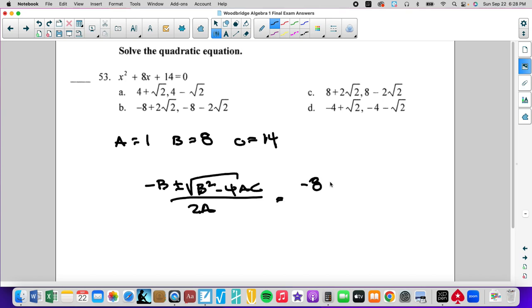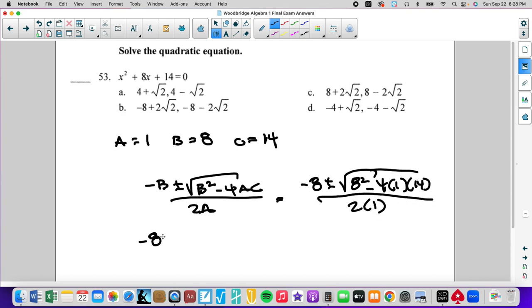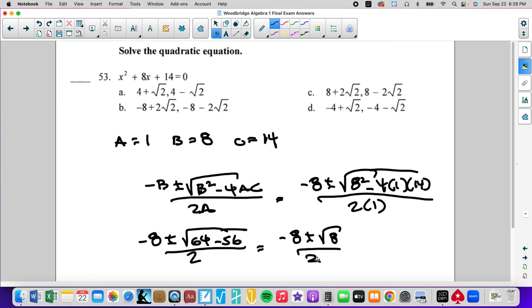So opposite of 8 plus or minus 8 squared minus 4 times 1 times 14 all over 2 times 1. That's -8 plus or minus 64. That's going to be plus minus 56 all over 2, which is -8 plus or minus rad 8 over 2.